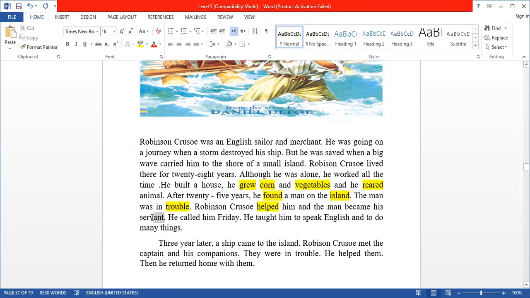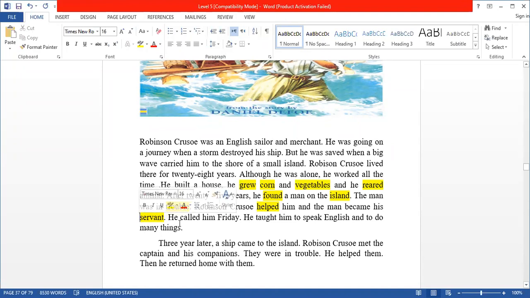He helped him, and the man became his servant. As we said, the word servant here, what does it mean? A servant is a person who works in another person's house and cooks, for example, cleans, etc. Cleans for them. يعني يخدموا نظافة, cleaning, cooking, طبيخ, tidying, ترتيب, and so on.